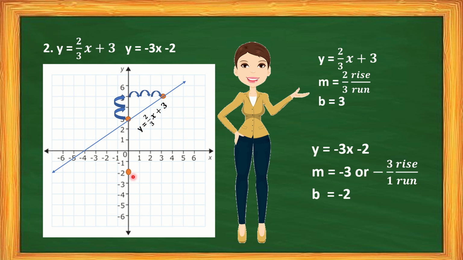Since it is negative, you are going to move downwards: 1, 2, 3. Then positive 1, so you move 1 unit to the right from here. So the other point is here. You can connect now the 2 points.